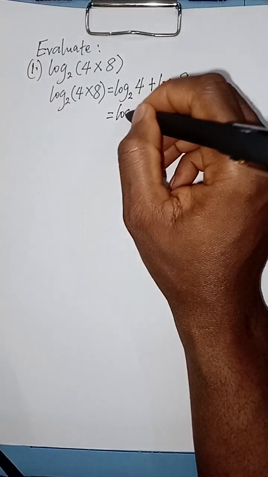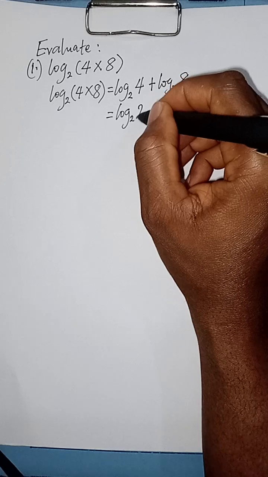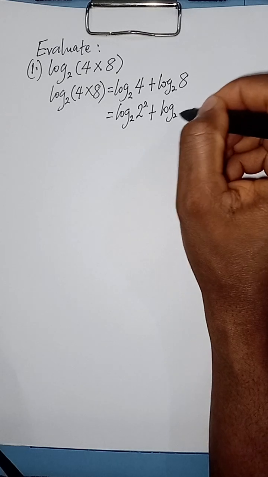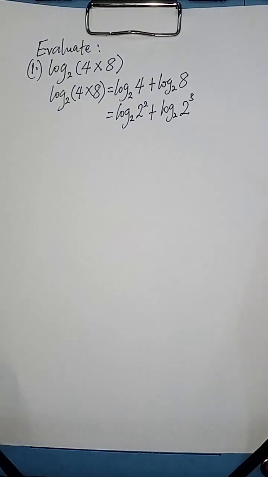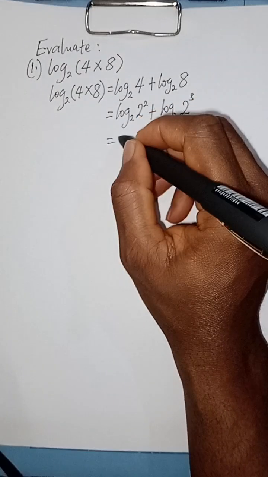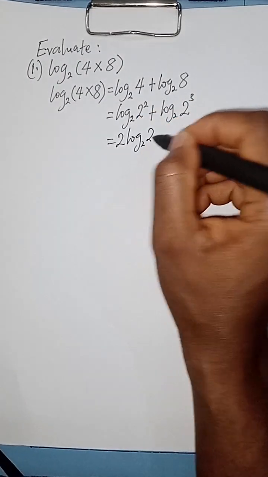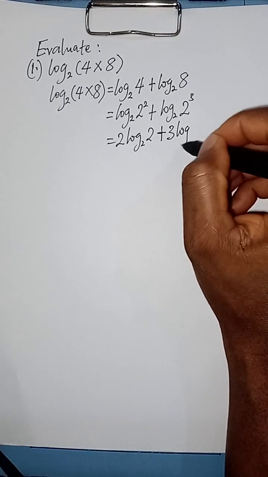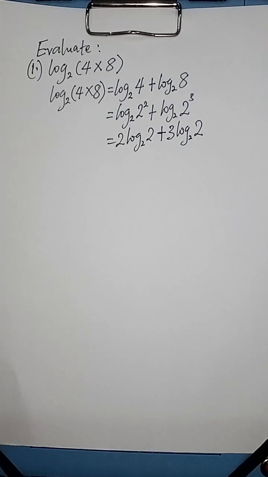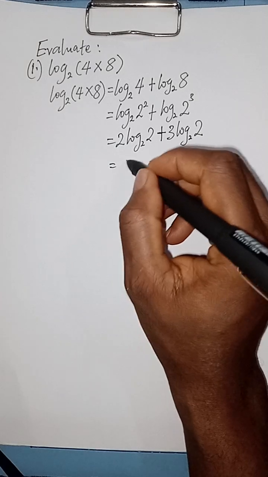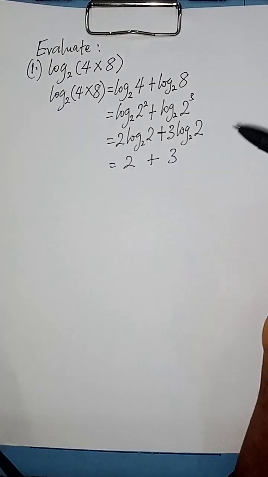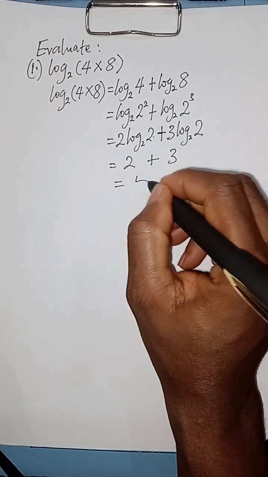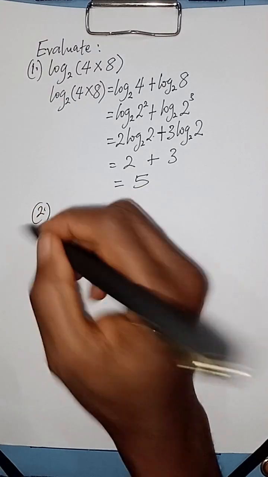This becomes log 2 raised to power 2 to base 2, 2 raised to power 2 is 4, plus 2 raised to power 3, 2 raised to power 3 is 8. This is 2 log 2 to base 2 plus 3 log 2 to base 2. If you do that, this will be 2 plus 3, because log 2 to base 2 is 1. And your final answer is 5.